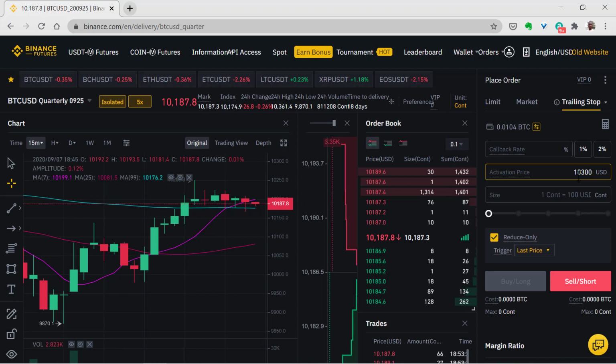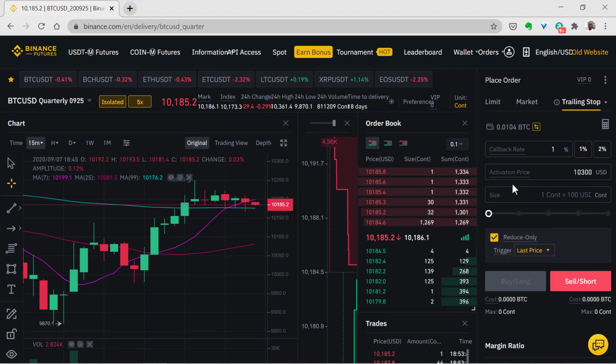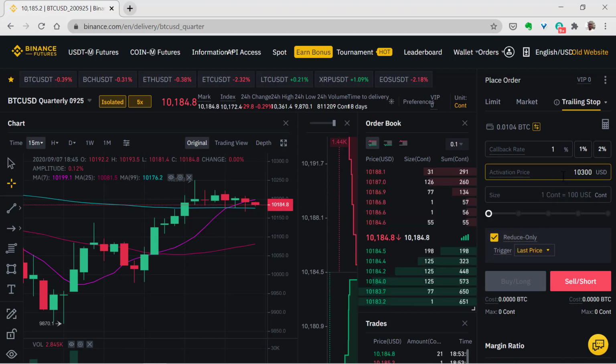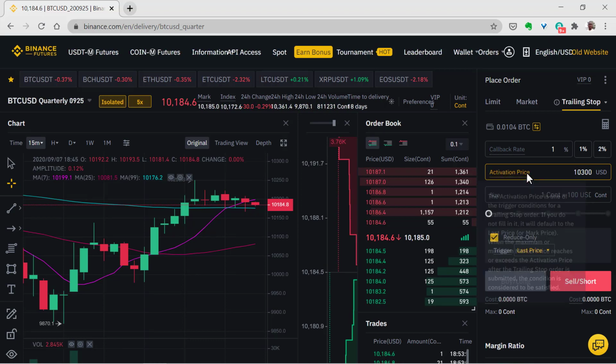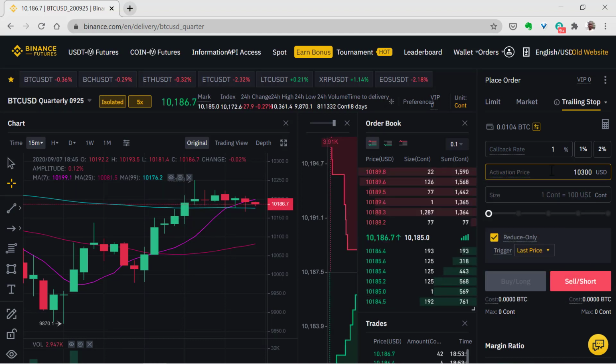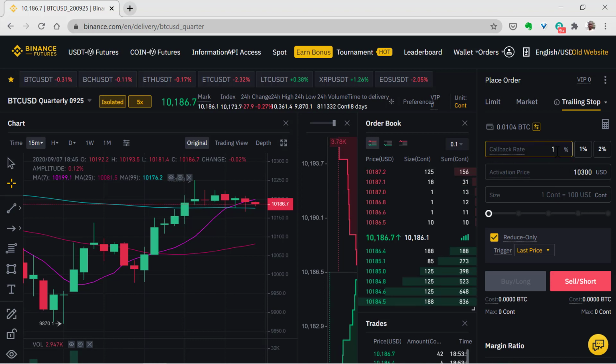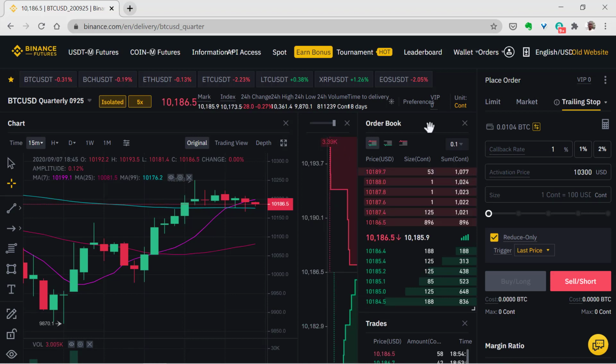But whatever callback rate, which is a percentage, you specify, let's say 1%, when the price gets past your activation price and begins to come back down from the highest point, once it reaches a 1% drawdown, say the price goes down from 10.5, that would be $105, and the price goes down from 10.5 to 10.495.